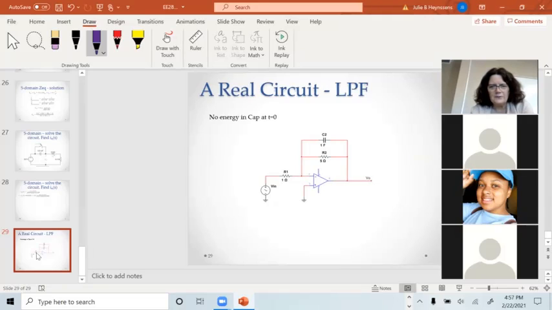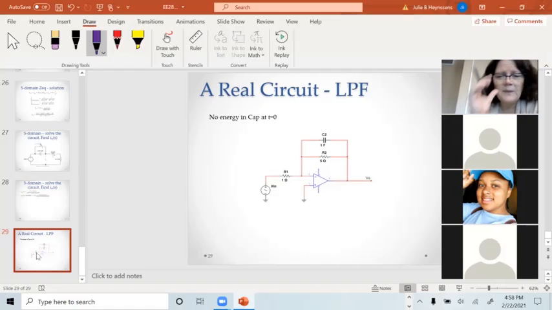Anything else, or does anybody want to see? Yeah, you should see this. This is a real circuit, other than the fact that this poor op amp is smoking because it's trying to drive 5 ohms and 1 farad. If you look at their data sheets, they have a maximum capacitance which is much less than 1 farad, and they have a maximum output current which would just go poof if it had to drive 5 ohms.